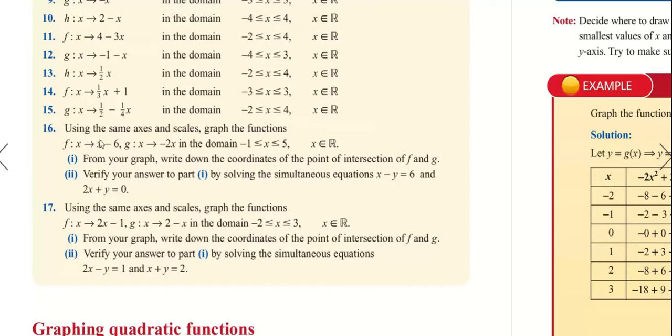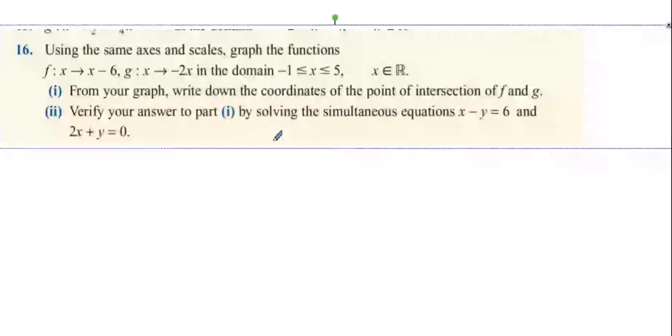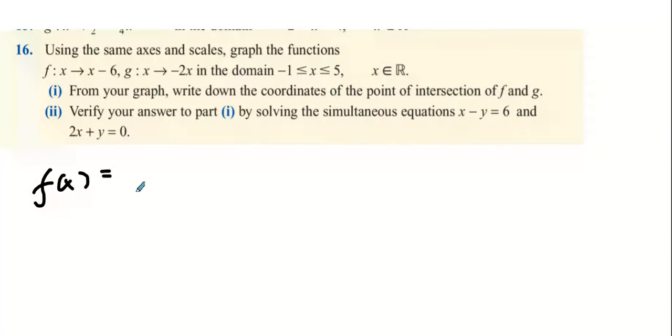Draw the line f of x equals x minus 6 and g of x equals -2x in the following domain. So f of x equals x minus 6, otherwise known as y equals x minus 6.